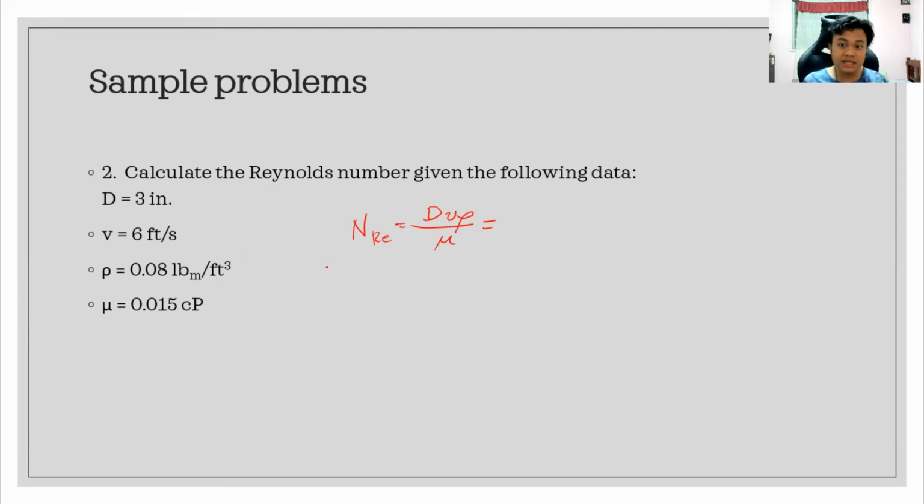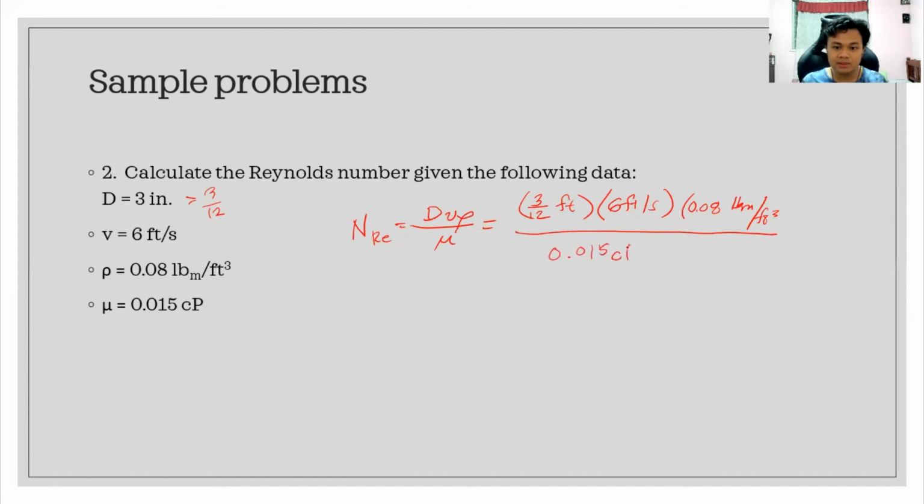So we have to convert these for dimensional consistency. The 3 inches you can convert to feet by dividing by 12, so it's in feet now. And then our velocity is 6 feet per second, so it remains as is. And then our density is in lbm per cubic foot. And our viscosity is in cP.